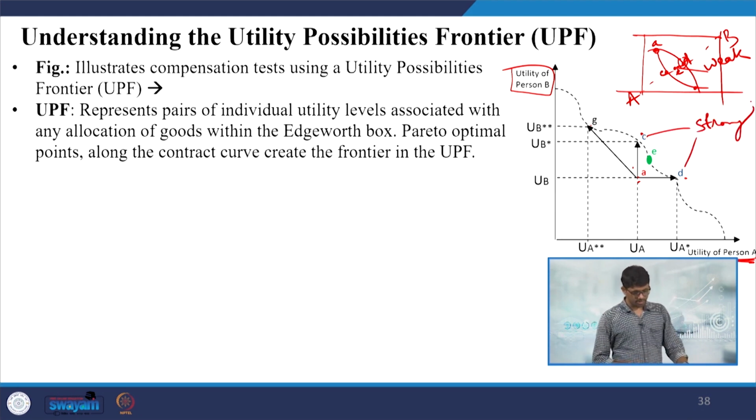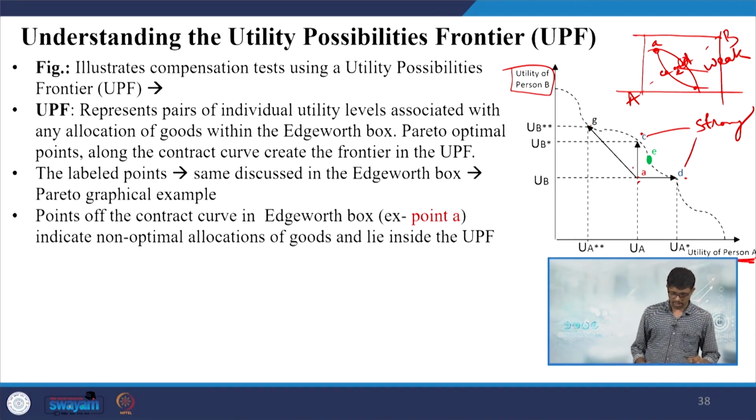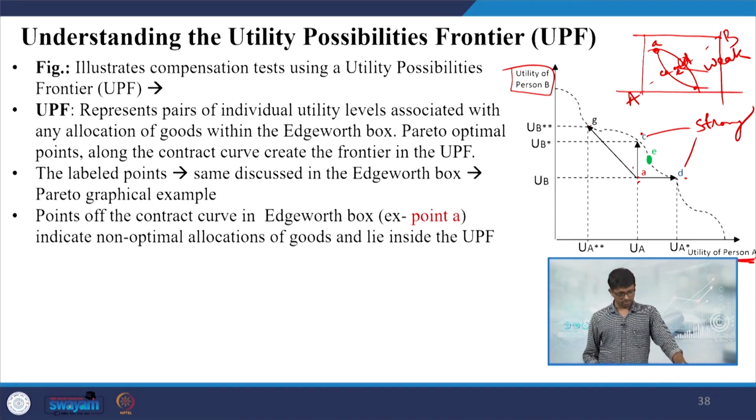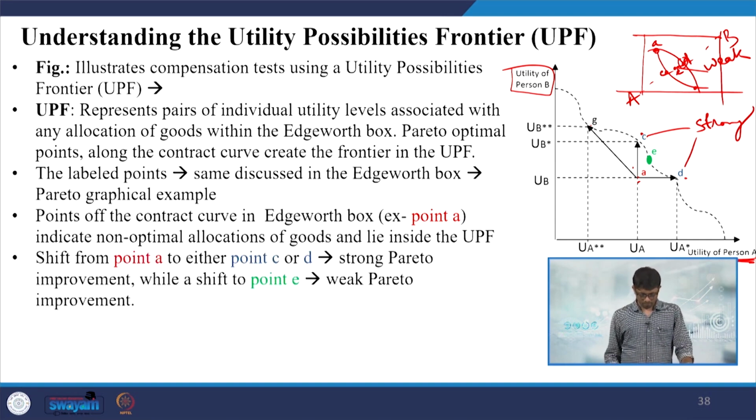Pareto optimal points. So, these are all on the contract curve, and the level points discussed in the Edgeworth box and Pareto optimality example is once again highlighted, and especially points of the contract curve in Edgeworth box diagram, that is point A is in fact called non-optimal allocation of goods and lies inside the UPF, which we have already discussed.